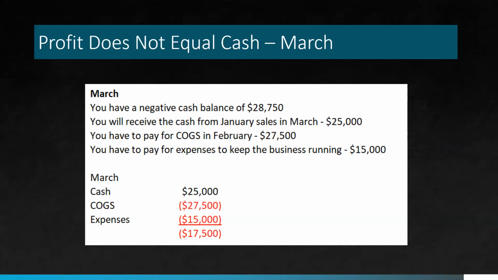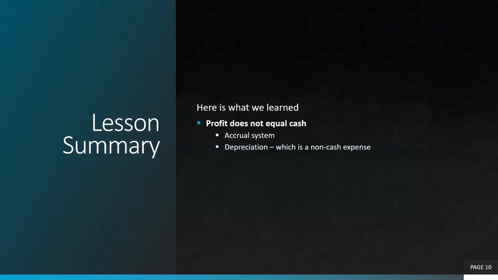And you have to pay for your cost of goods sold from February in March because that was net 30. And you have to pay for the expenses to keep the business running, and that's $15,000. So now it's in March. Now I'm down $17,500. So this provides you an example of why profit does not equal cash.